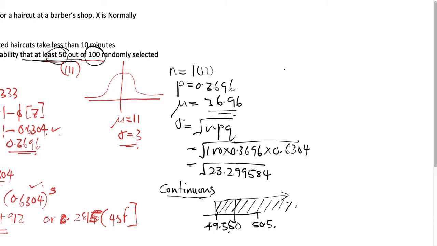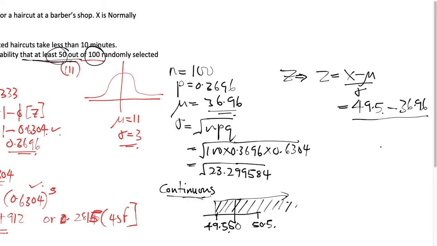From there, the z-score is your first step. Z equals x minus mu over standard deviation, and x here is 49.5. So 49.5 minus your mu, which is 36.96, divided by the square root of 23.299584.